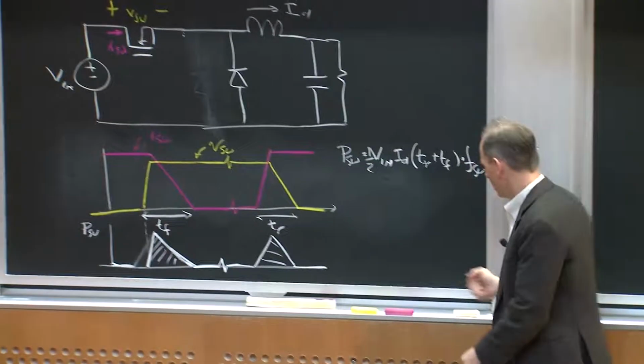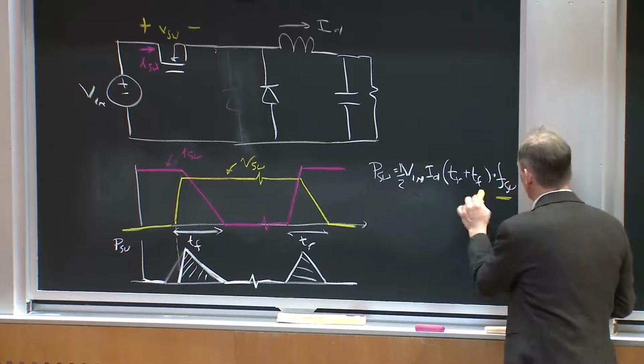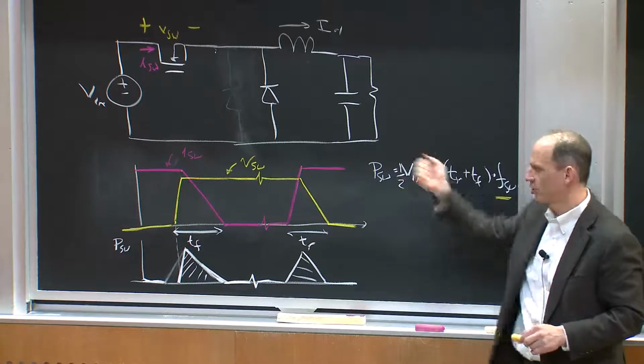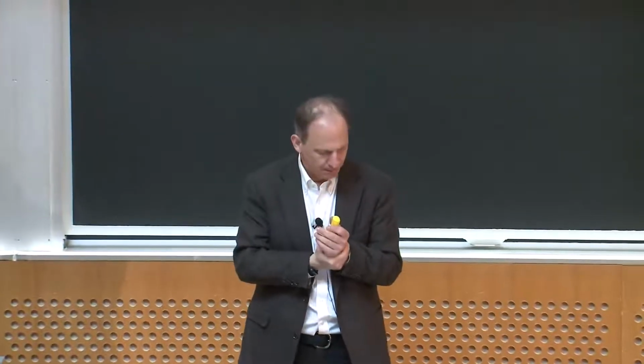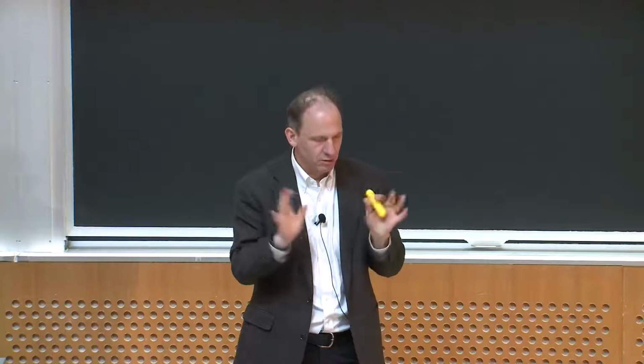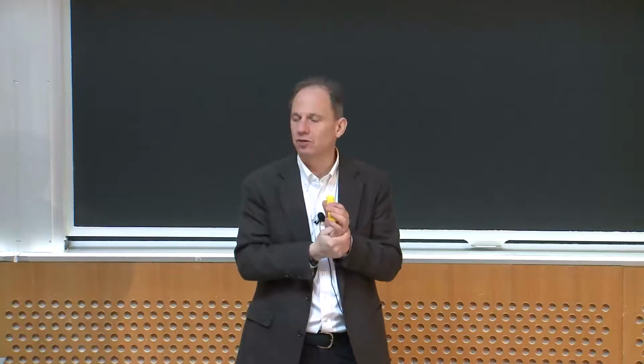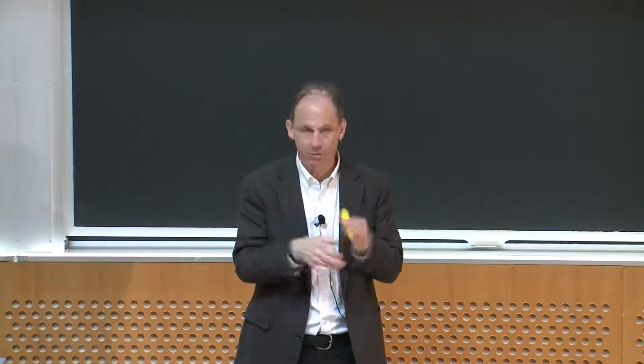So we're sort of stuck with some amount of switching loss, and I'm going to pick my switching frequency in part to balance the switching loss against the conduction loss, okay? Or get my total loss down. And this is a good way to proceed, right?